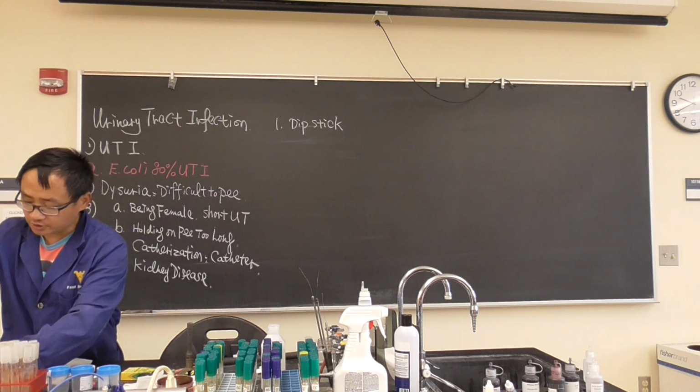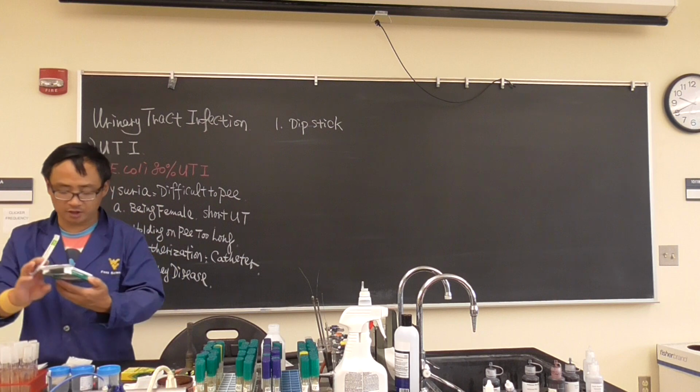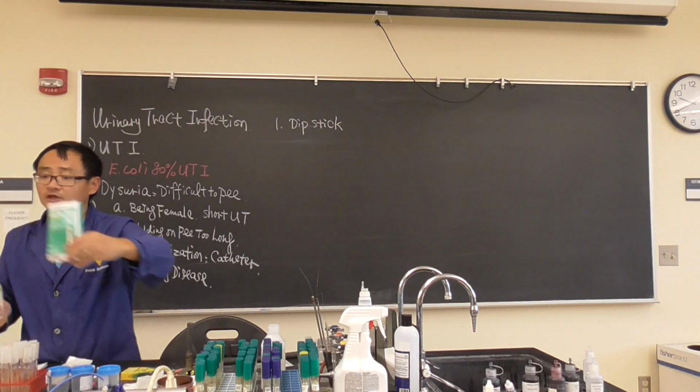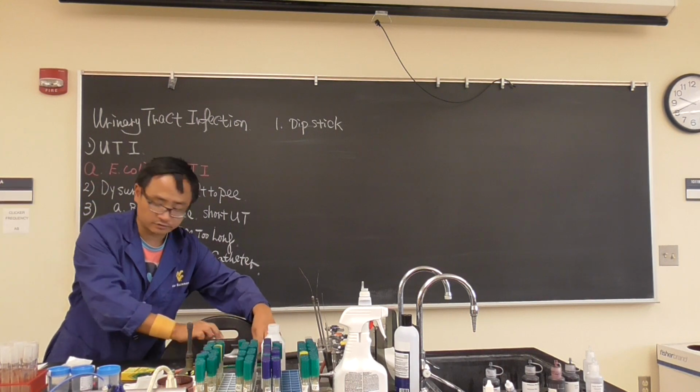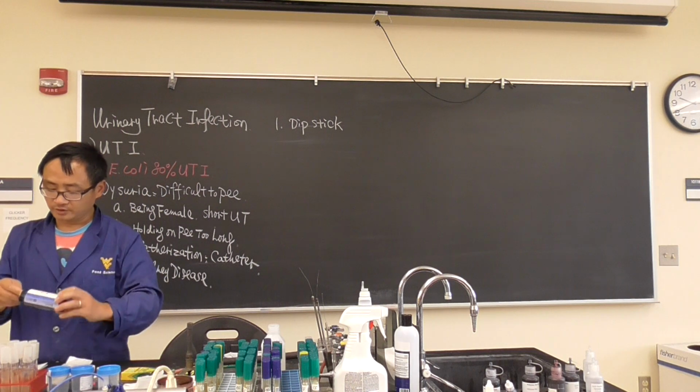You could also get a very simple one from CVS, which is called a urinary tract testing kit. Now what's the difference between these? I will explain to you. Let's talk about this complicated one.